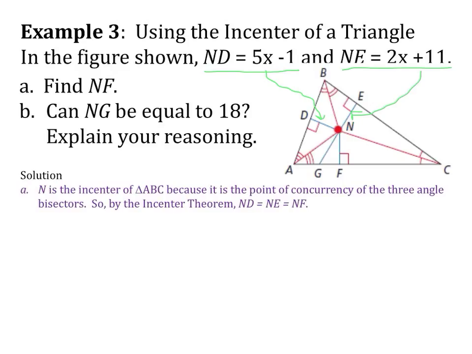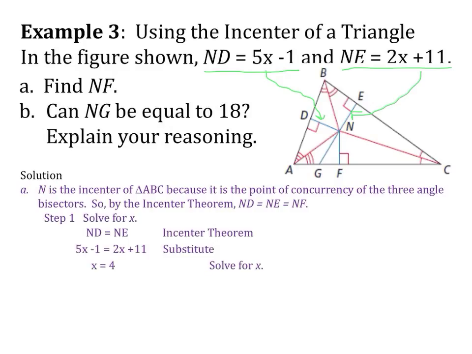So N is our incenter. Therefore, length DN equals length EN, which equals length NF. This means next we can solve for x. And because all three of these segments are congruent, we can say that 5x minus 1 equals 2x plus 11. Solve for x, so x equals 4.